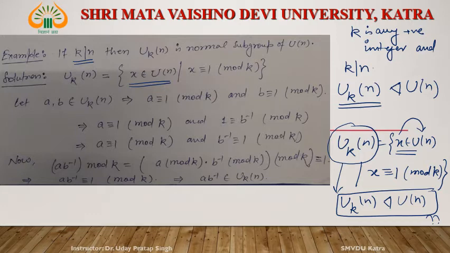Let us see. Before proving that UKN is a normal subgroup of UN, we have to show that UKN is a subgroup of UN. Okay, let us see.